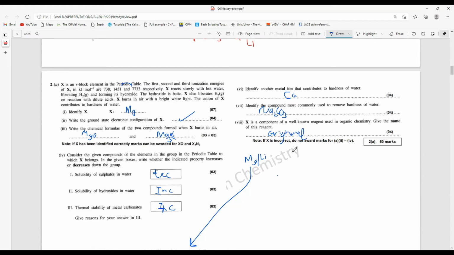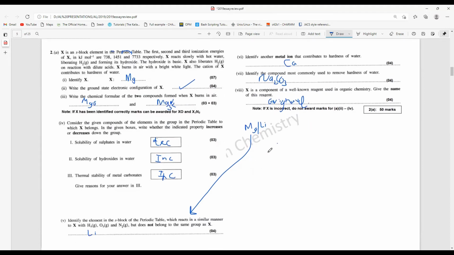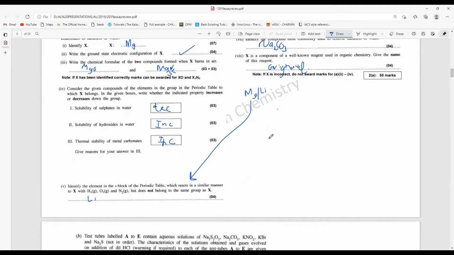The funny part is if you find, in the wrong way, that this is group 2 and you thought, okay, here also there is a big gap, all these are very similar, and you give the wrong answer as calcium, probably when you go to question number 8 you will automatically find, okay, I am wrong, because there are no calcium Grignards formed, only magnesium Grignards. So automatically you will find a solution for them.